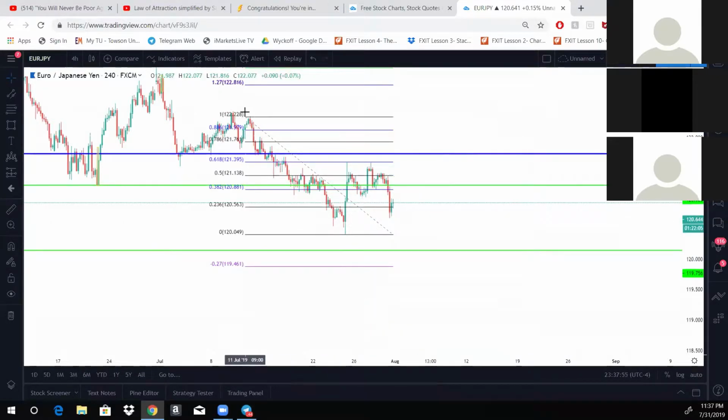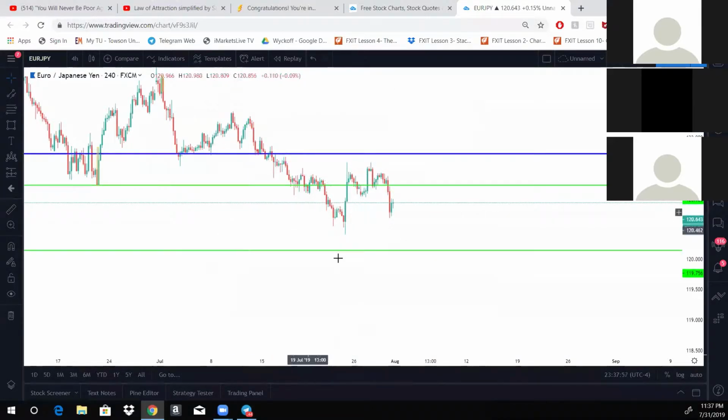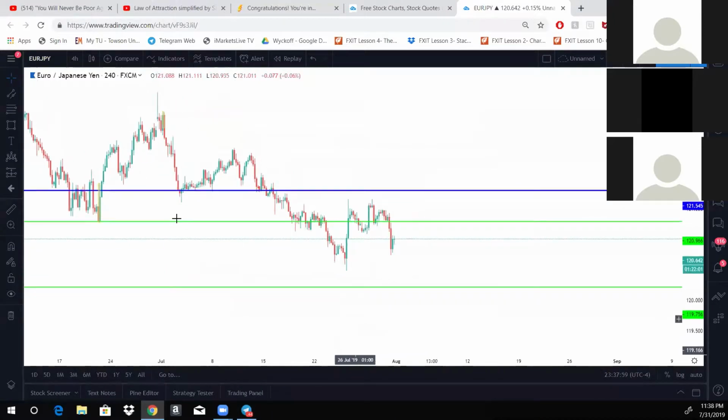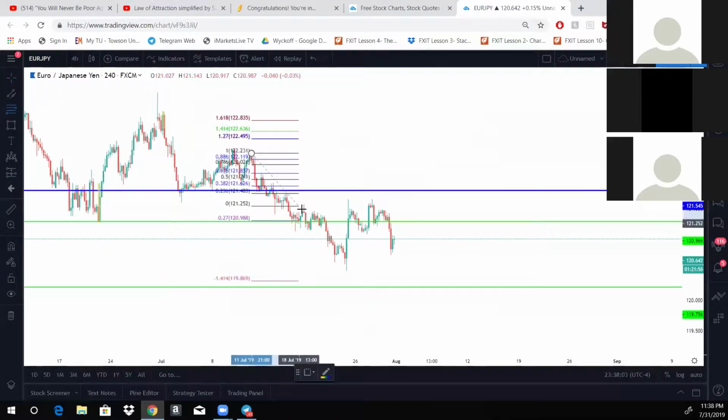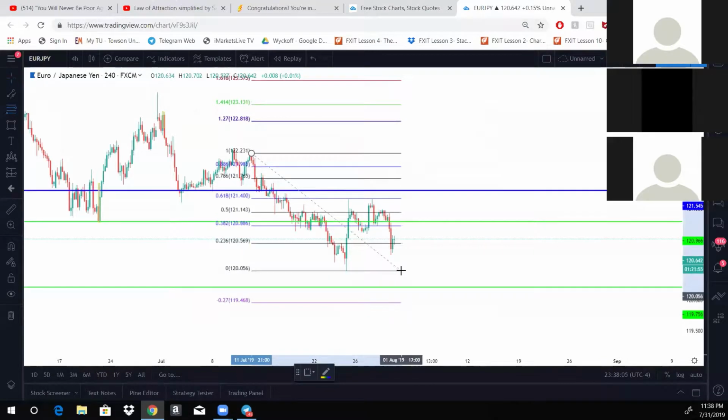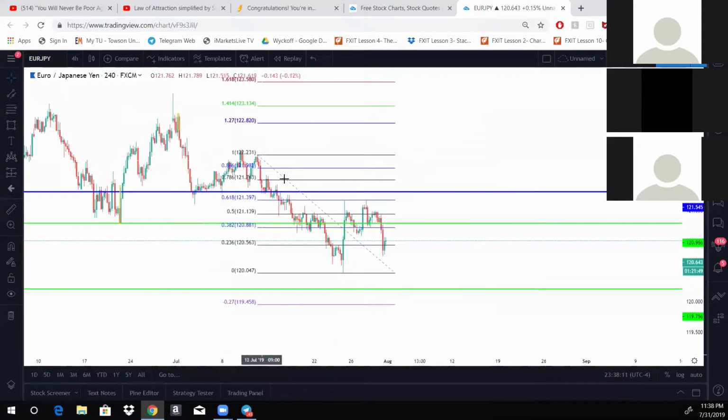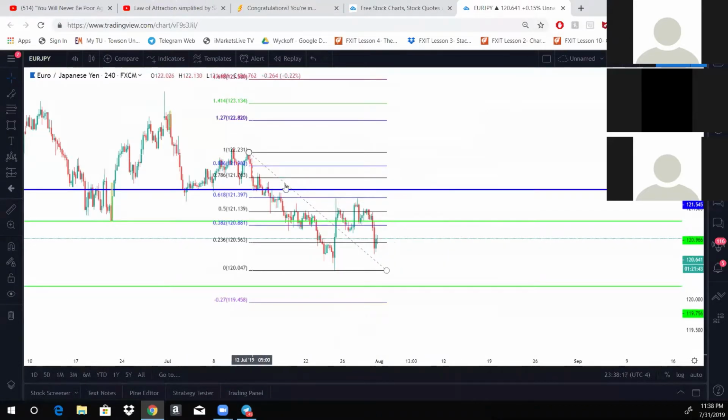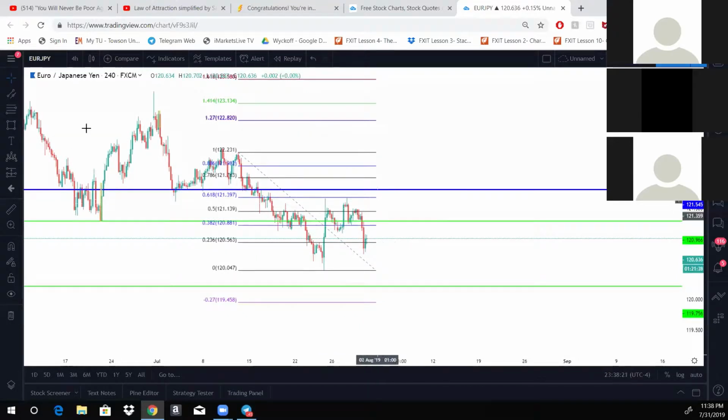So let's do it one more time, just to make sure it's a bit clear. So this was the move up to here, because this is where we finally saw the rejection. We measure it. So this is using regular Fibonacci's, right? Just measuring the move, right? We get the retrace, retest of 61.8.